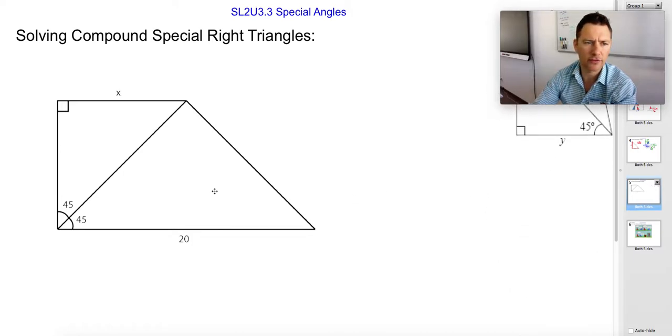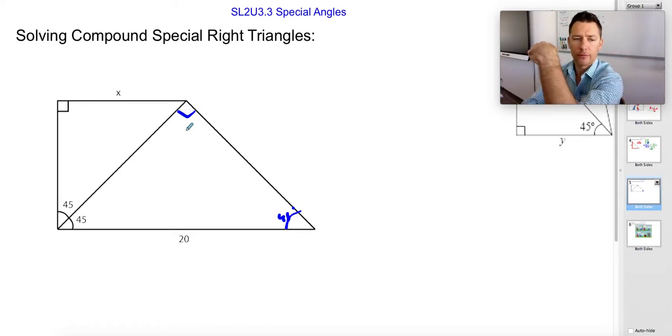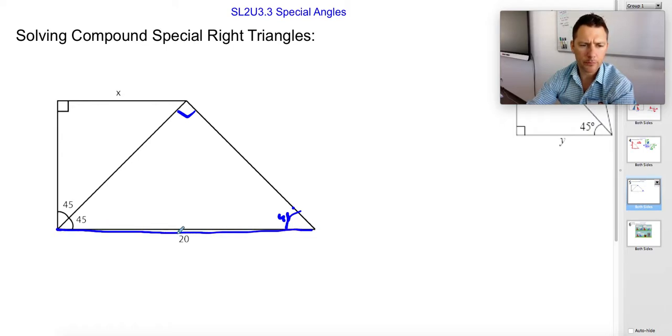So let's attack this. We know this information, we're trying to solve for x. For argument's sake, let's call this 45 so we don't have to mess with it. This is 90. You can't do that without a 90-degree angle in here. This is 20. So I know that this short side, let's call it A. To get to the hypotenuse, you have to take the short side A and multiply by root 2.